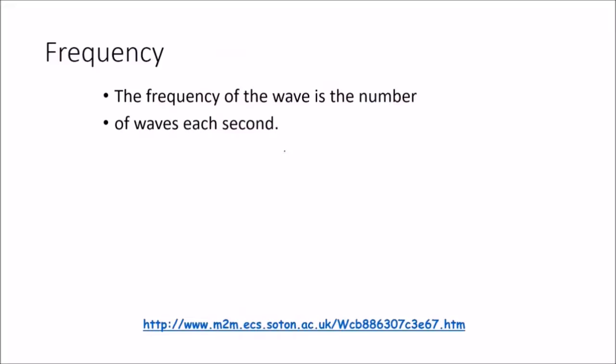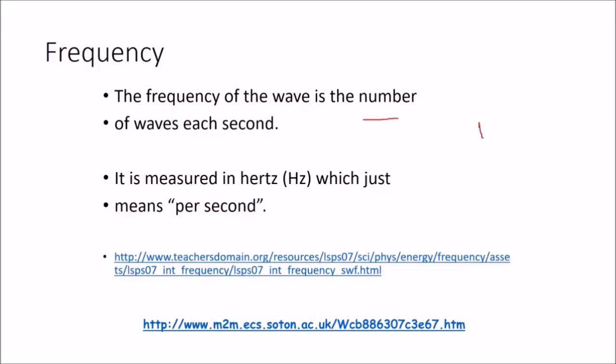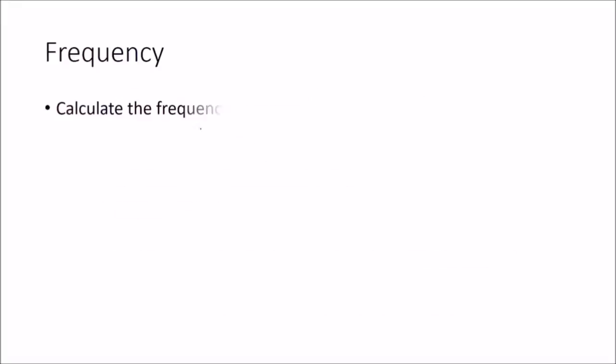Frequency. The frequency of a wave is the number of waves in each second, which is measured in hertz. Hertz means waves per second. Waves per second is the frequency, how frequent that wave is.